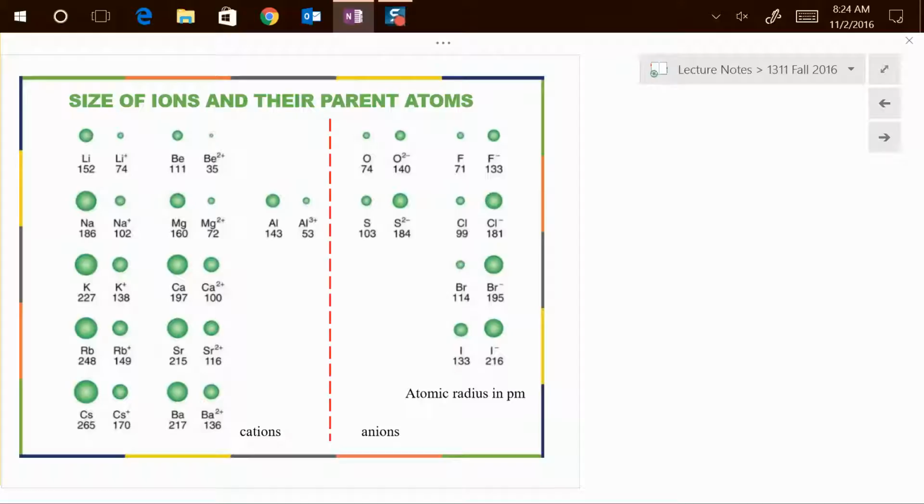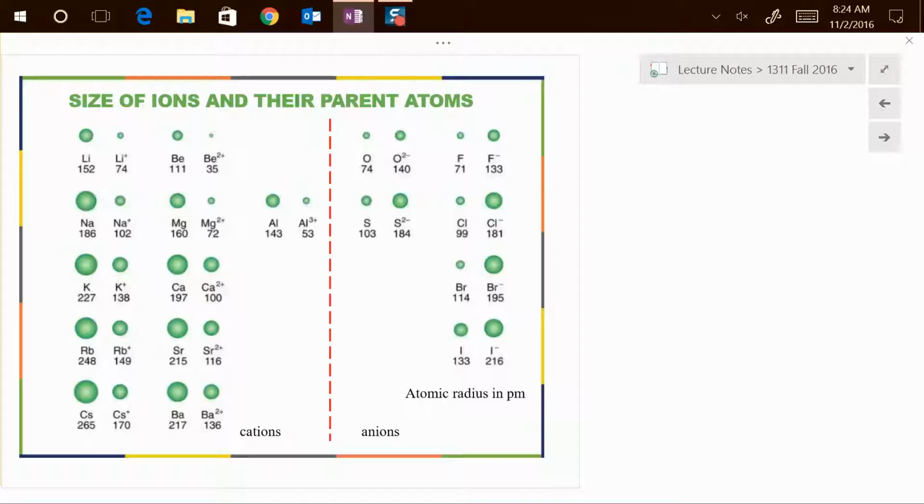Helium has 2 protons and 2 electrons, so it's not quite like beryllium that has 4 and 2. Okay? So Be2 plus is going to be smaller than He and H. All right, but that's how we would predict that. We can see that it works how we think it should.